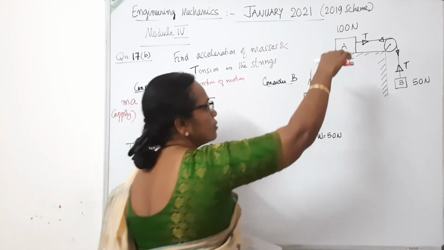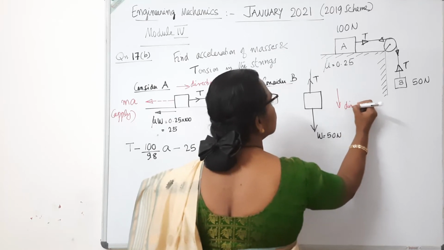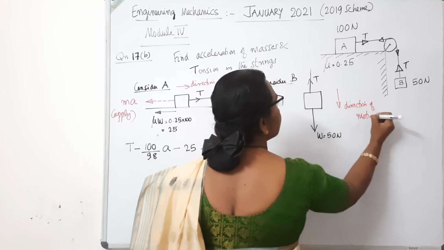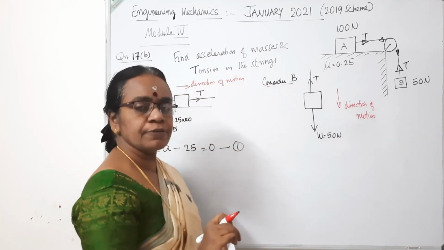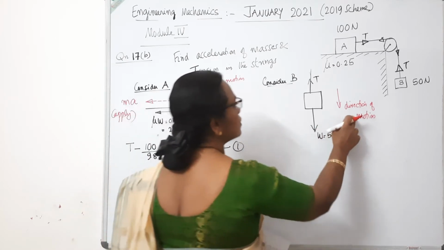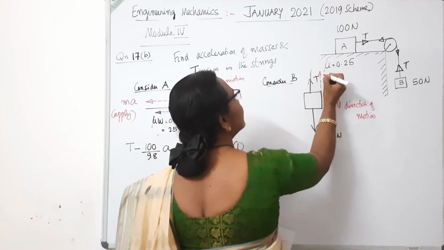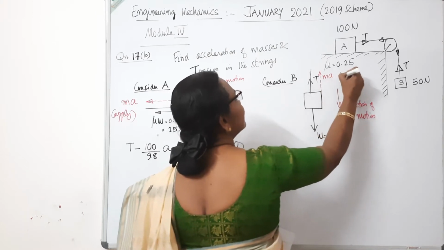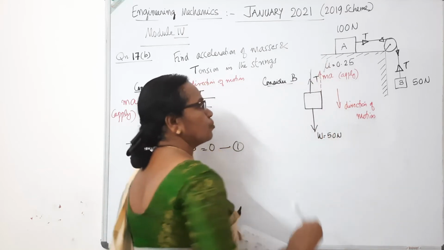Let us assume this body comes down. So this is the direction of motion. These are the two forces acting on it. Together with these two external forces, we apply the inertia force, mass into acceleration, opposite to the direction of motion.